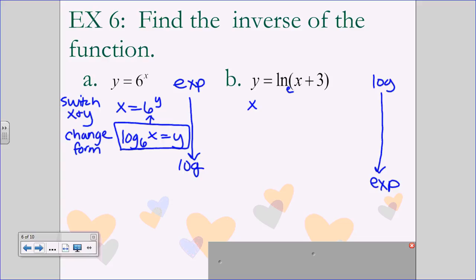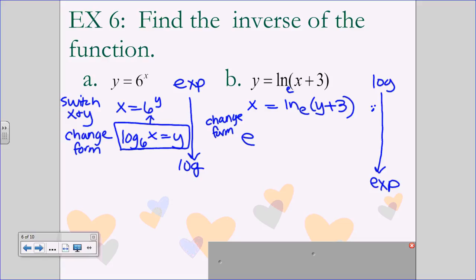So I have x over here, and then I have ln, and I'm going to put the e there just to remind myself. Since I just have a log on one side, and I don't have anything added on the outside of the parentheses, I can go ahead and change form right now.